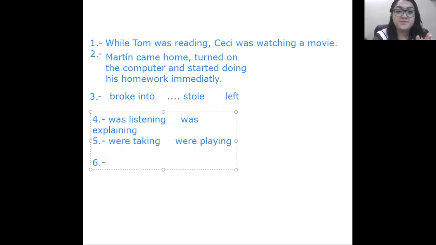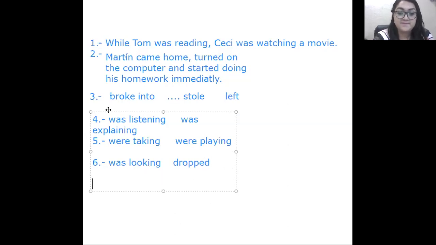All right. Number 6. Ella estaba buscando. She was looking for her keys in her purse when she dropped, cuando ella tiró su celular, when she dropped her cell phone, right?